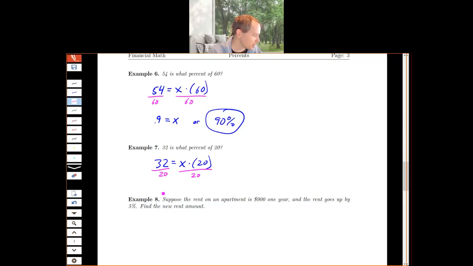So I'm going to take 32 divided by 20, and I get 1.6. Or if I convert that back to a percent, because it said what percent, I want to write my answer as a percent, I move the decimal back to the right to convert to a percentage. So we get 160% as our answer.